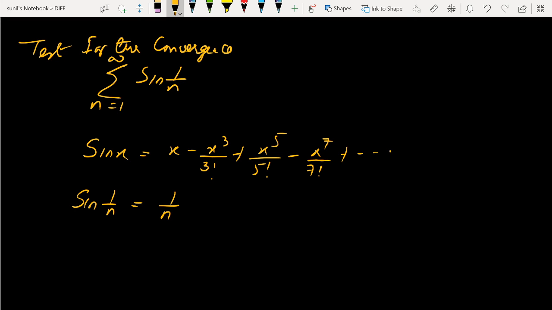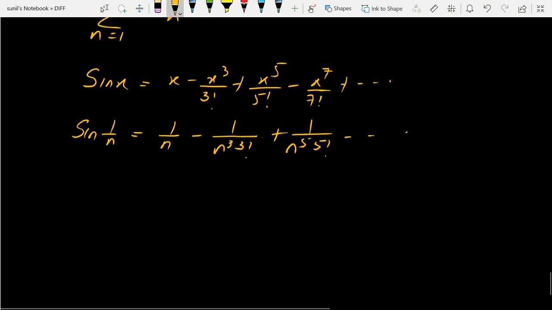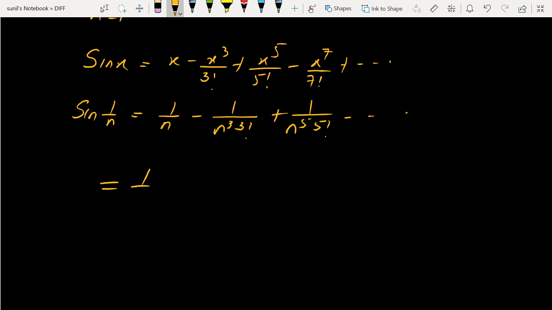It is 1 by n minus 1 by n cube into 3 factorial plus 1 upon n to the power 5 into 5 factorial and so on. So I can take 1 by n as entirely common.